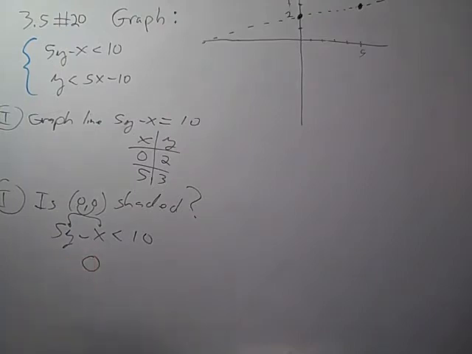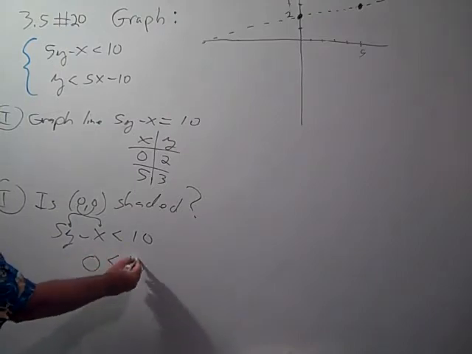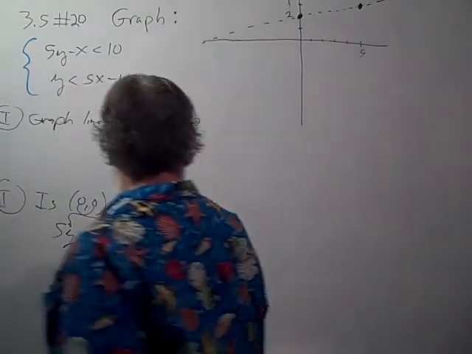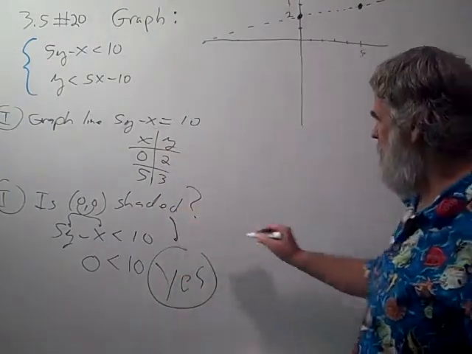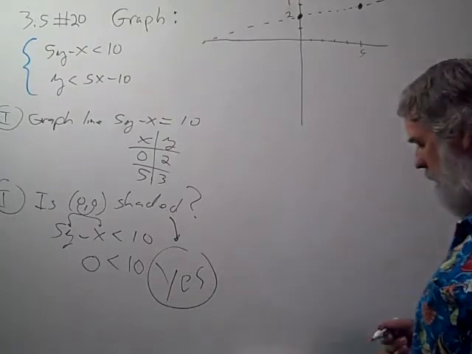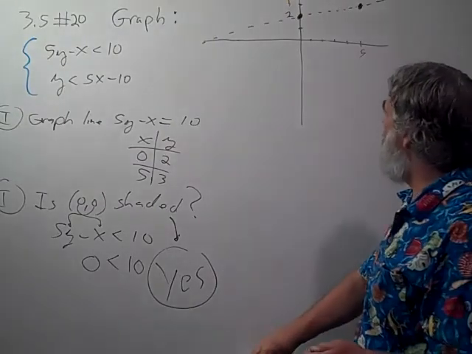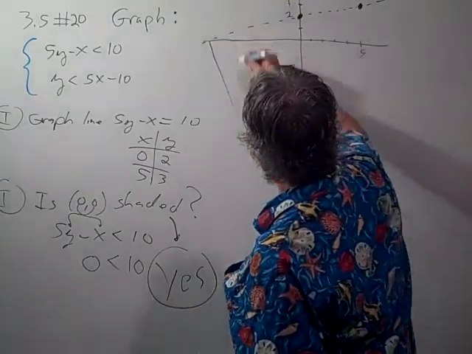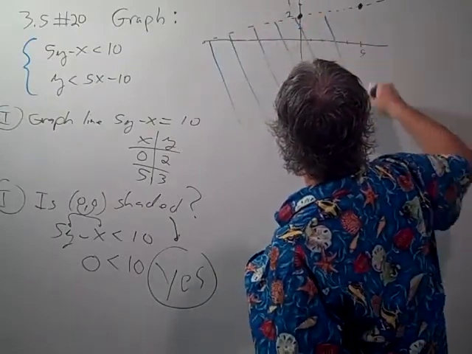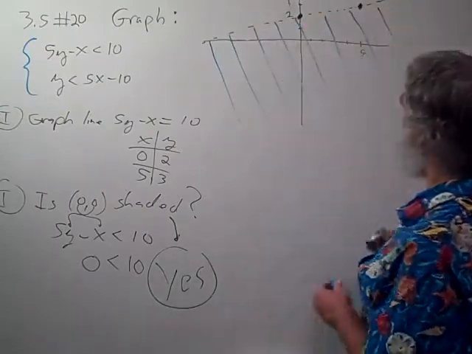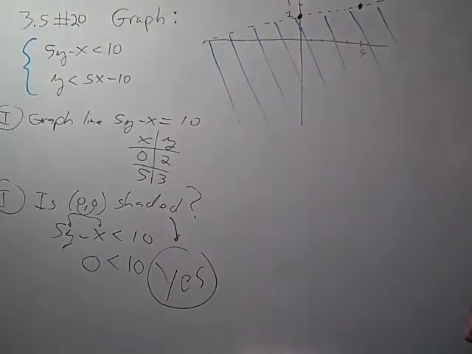The whole left side becomes 0, and 0 is less than 10. So the answer to our question is yes. The origin is on the shaded side of that line. So it's the downside of that line that we shade. So there's the solution. All those points are in the solution to the first linear inequality.